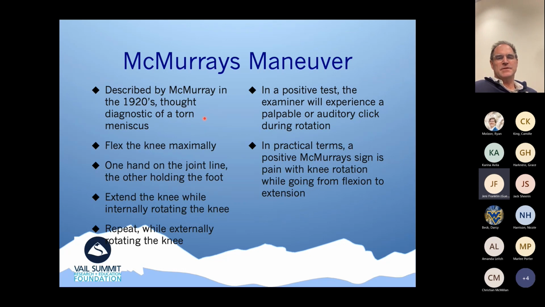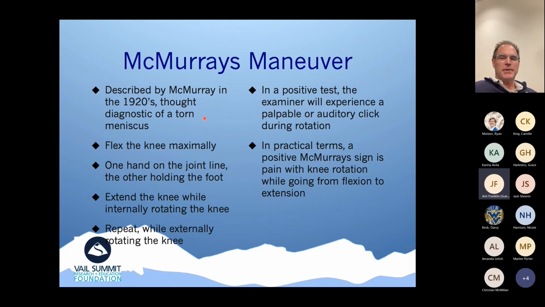In a positive test, the examiner will experience a palpable or auditory click during rotation. It had nothing to do with symptoms of the patient in the original McMurray's maneuver description. It was just a palpable or auditory click. So in practicality, we use it if it's recreating their pain in deep flexion.